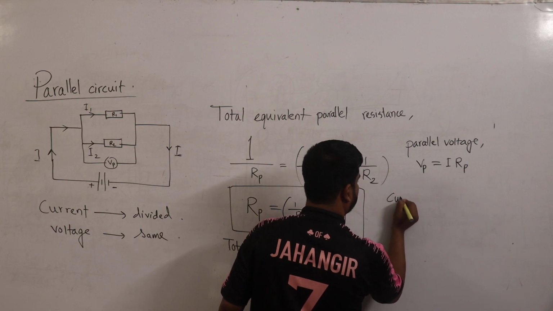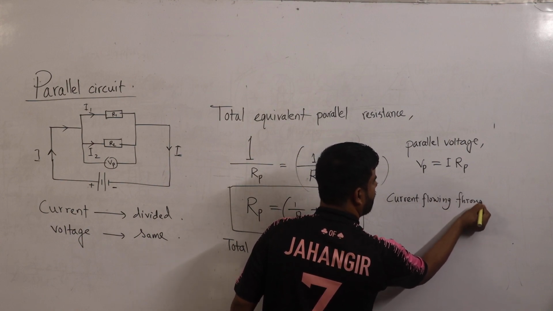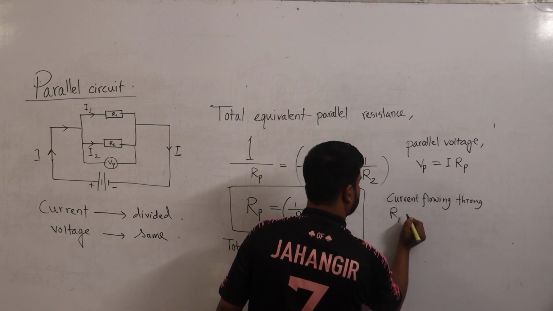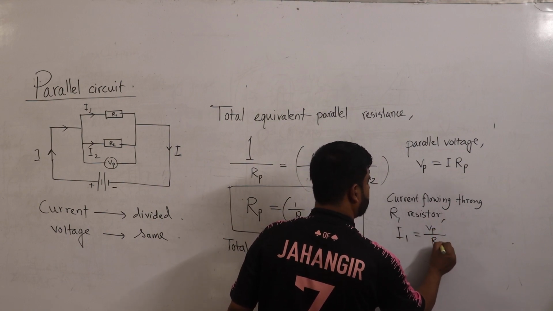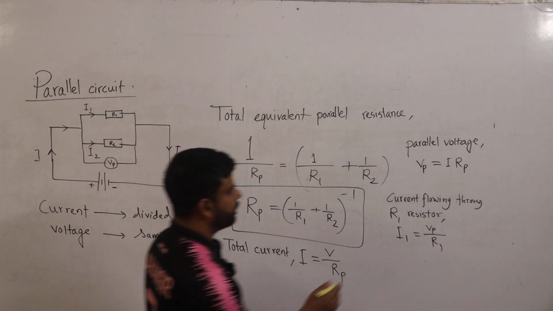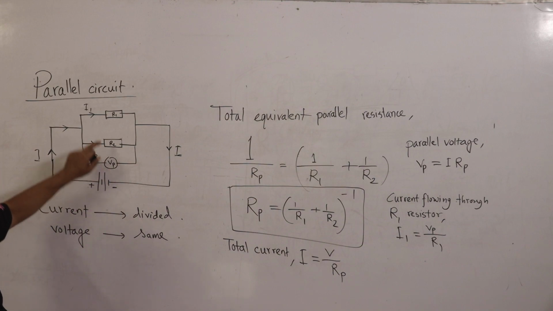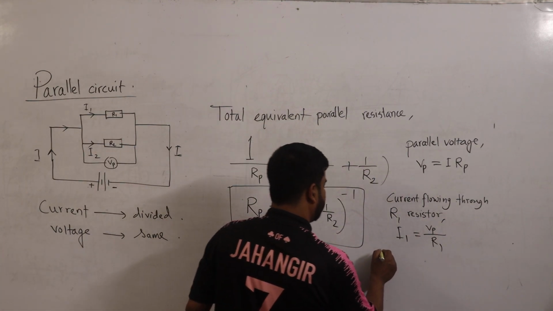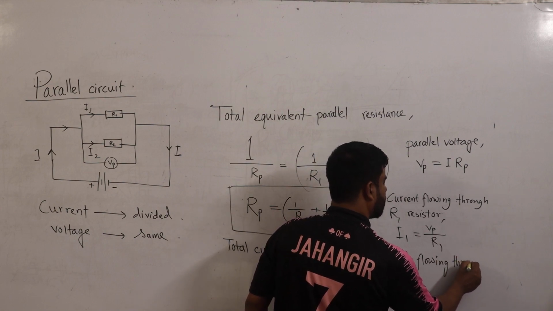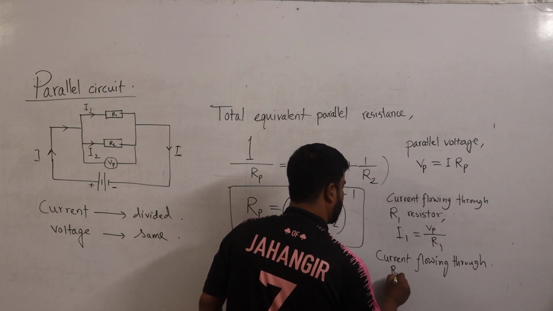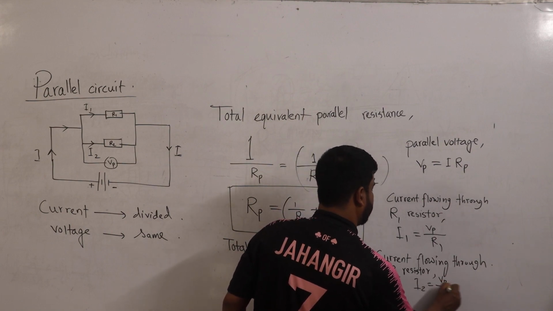That's why the current flowing through the R1 resistor is I1 equal to Vp divided by R1, and the current flowing through the R2 resistor will be I2 equal to Vp divided by R2.